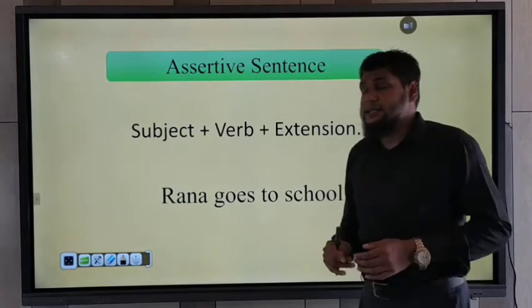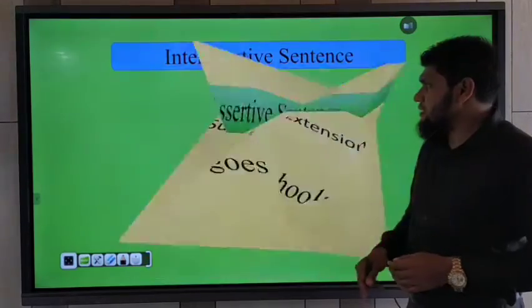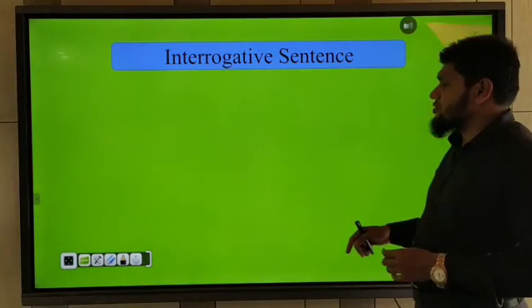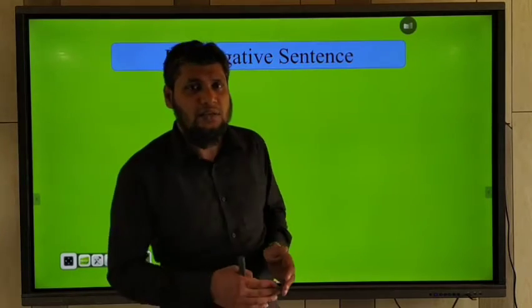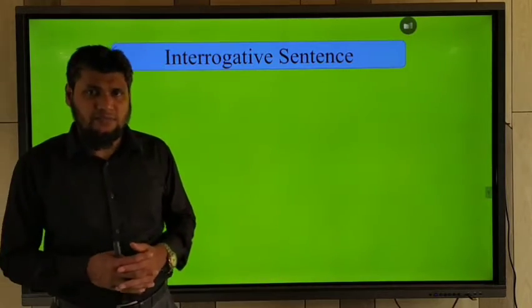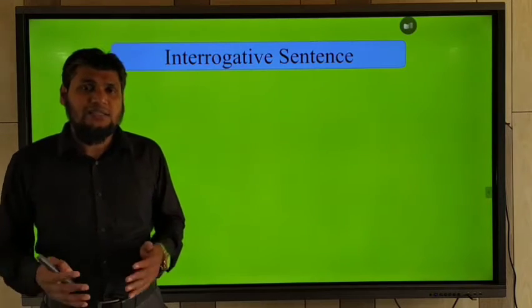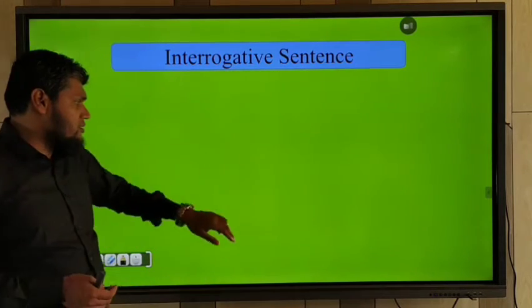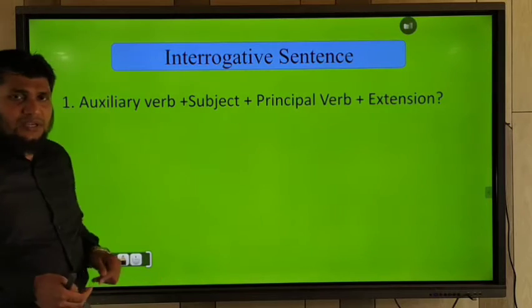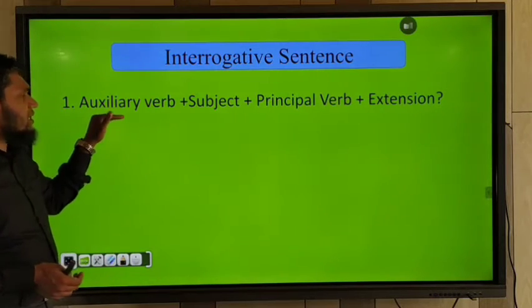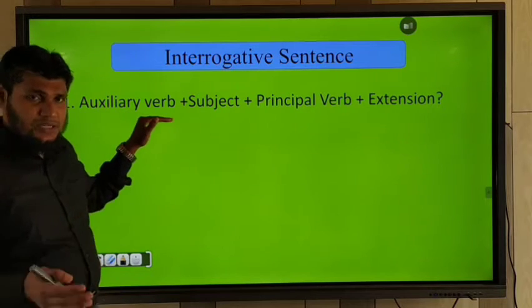How will you understand an interrogative sentence? So what is an interrogative sentence? An interrogative sentence always asks questions. A questioning sentence is called an interrogative sentence. An interrogative sentence has two structures. Number one, it starts with an auxiliary verb.